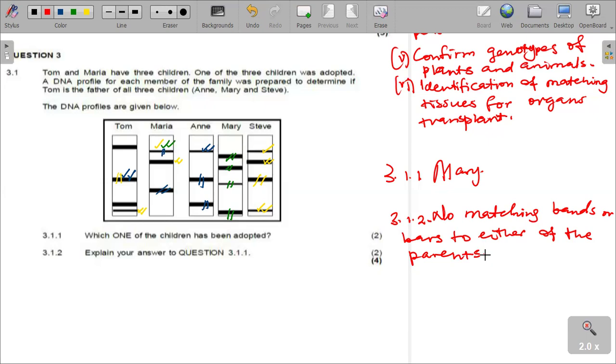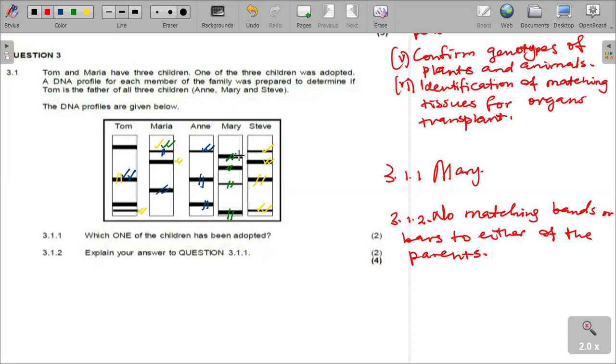So as you can see, I'm sure you've seen how we calculate that. I've shown you the calculation, marking with different pens there, to say that the bands for Mary are not matching either of the parents, hence she can be the adopted child.